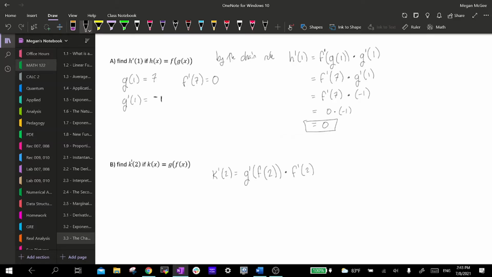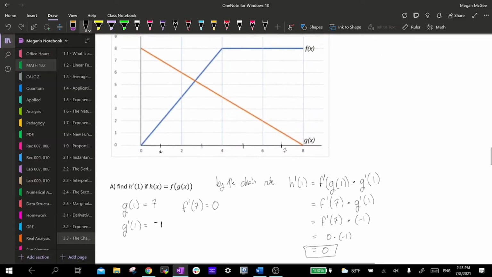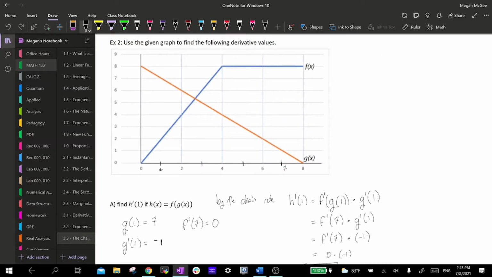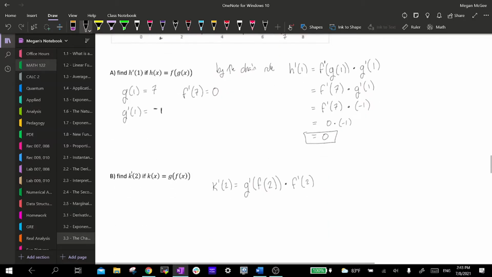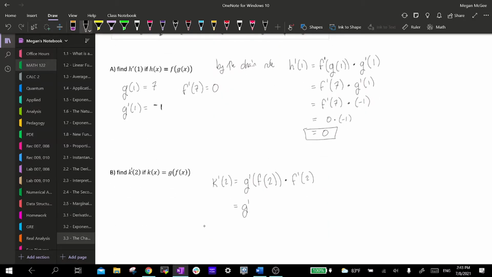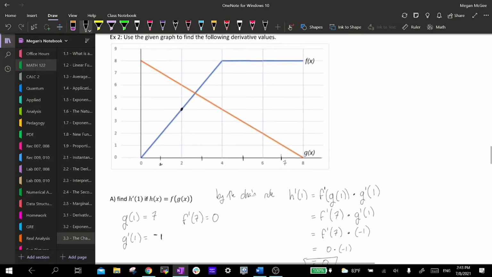Alright, so first things first, we need f of 2. So let's go back up to our graph. Here is 2, so f of 2 is this point here, which is 4. So we have g prime of 4 times f prime of 2. So f prime of 2 is the slope at x equal to 2. Here we have a positive slope, an increasing line.